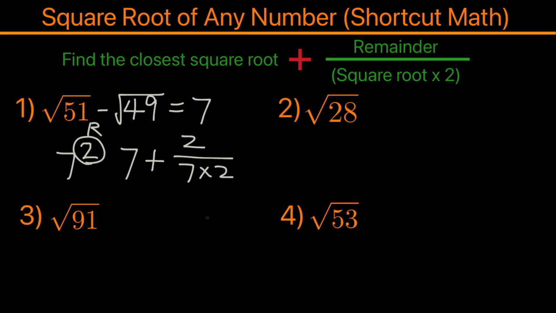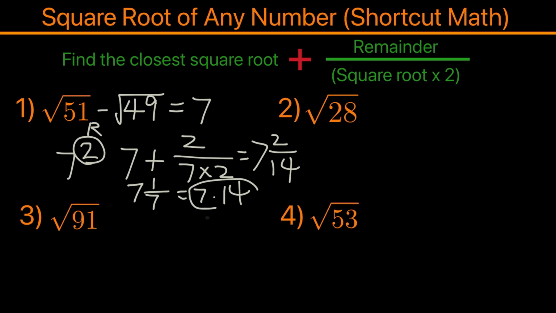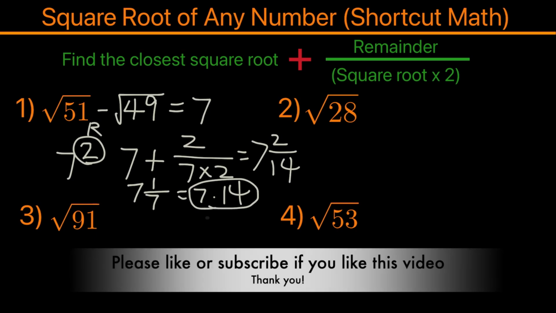So after doing that, we would get 7 and 2 over 14, which equals 7 and 1 over 7. And 7 and 1 over 7 is 7.14. And so this would be the answer for the square root of 51.